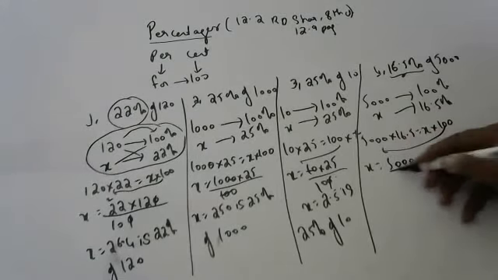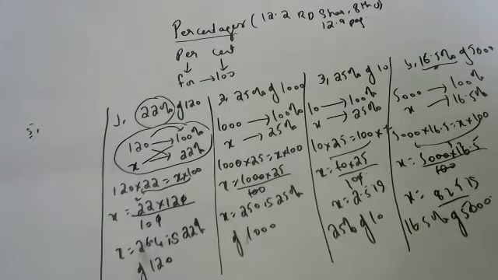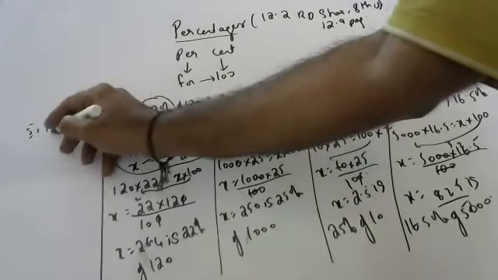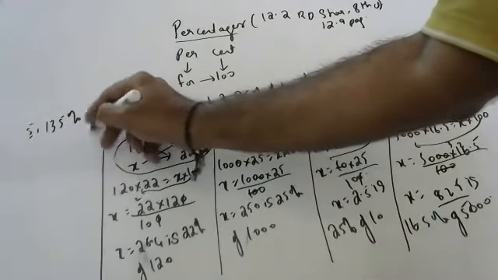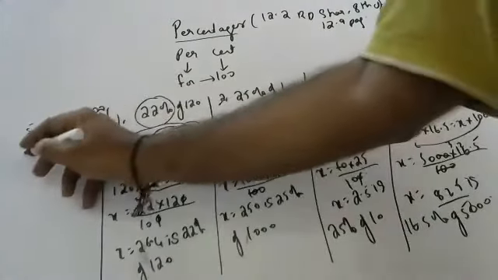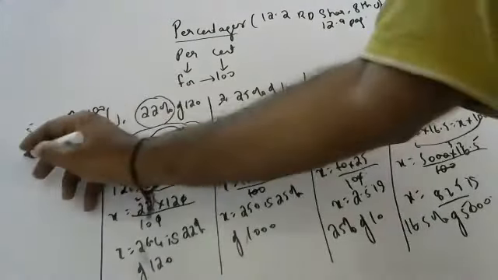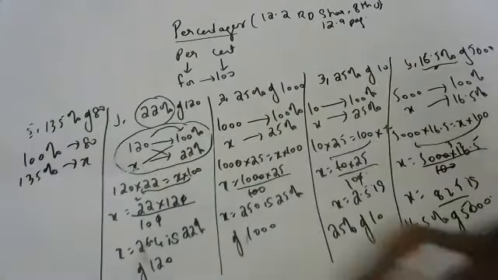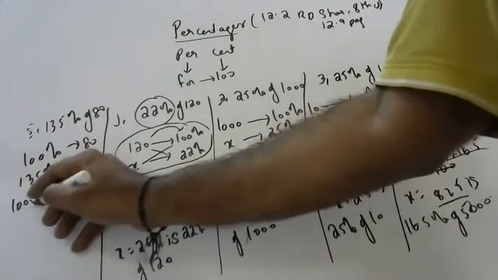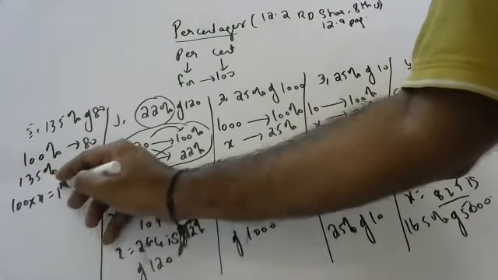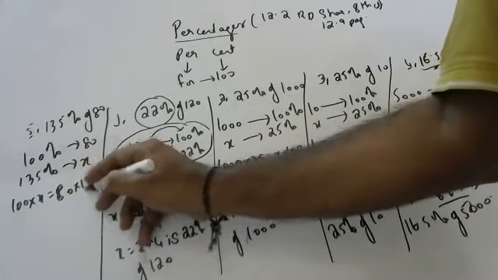Next, Nandika, tell me the next sum. 135% of 80. 100% is 80. 135% is x. How much? Cross multiplication: 100 into x is equal to 80 into 135.